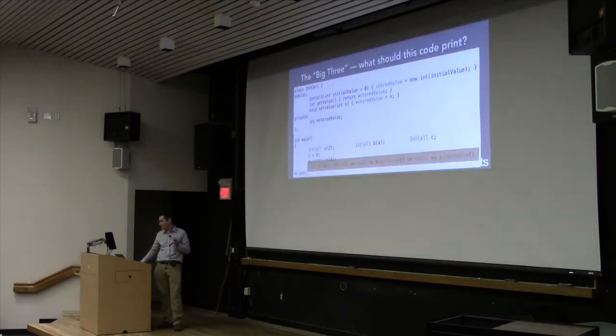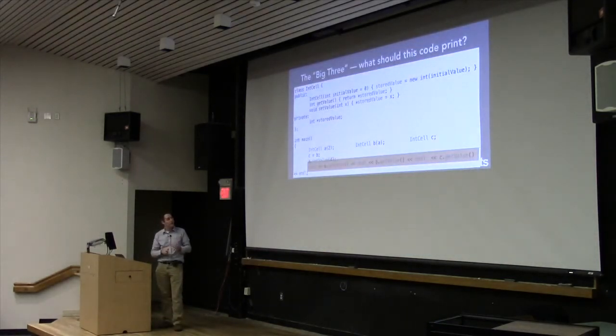The previous slide. Yeah, and for the second in cell B, the argument is A, but the type of A is an int cell. Yeah, so but for the constructor, the argument should be an integer?